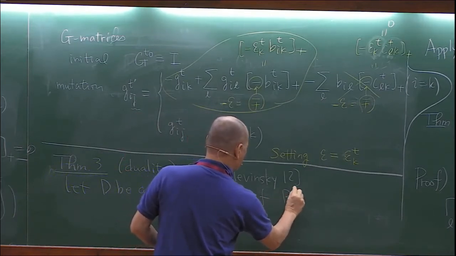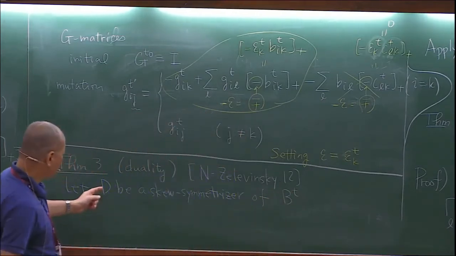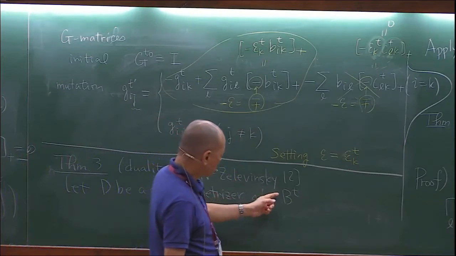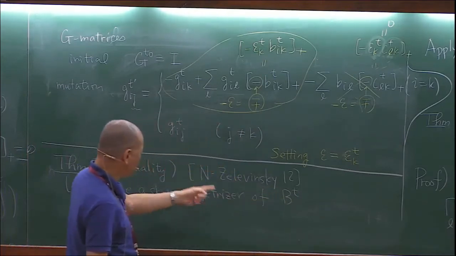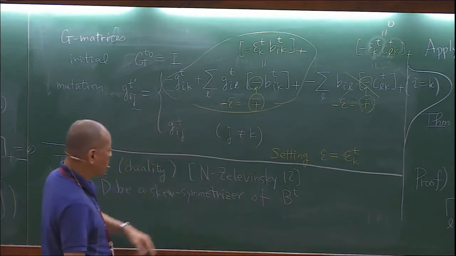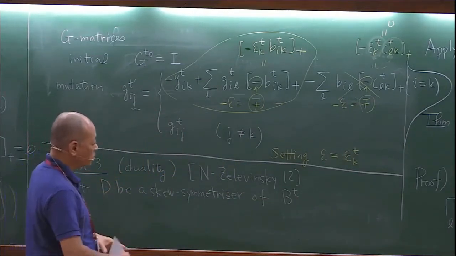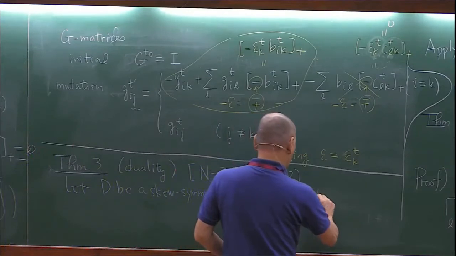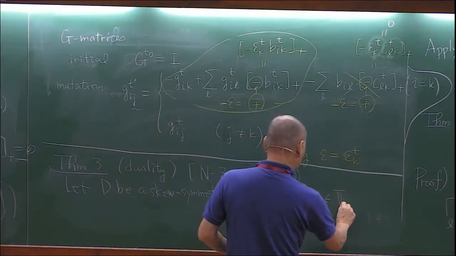your exchange matrix. So yesterday I mentioned that if you multiply something, it becomes skew-symmetric, meaning a skew-symmetrizer. And by mutation, this skew-symmetrizer is preserved. Namely, it is a common skew-symmetrizer for any exchange matrix.